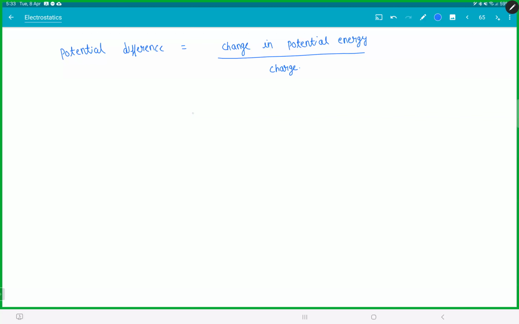Just like force and field, technically both are the same. The only difference is that field is nothing but force on a unit charge. Remember, that's the discussion we had.